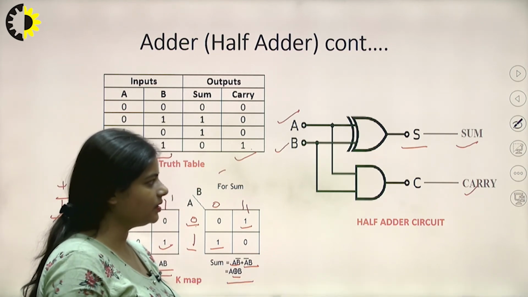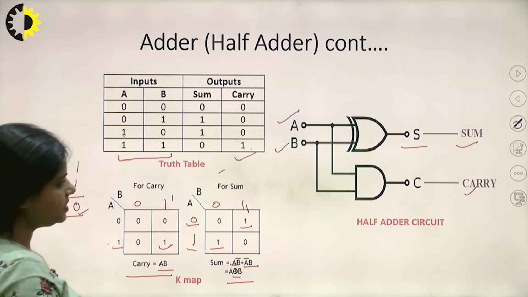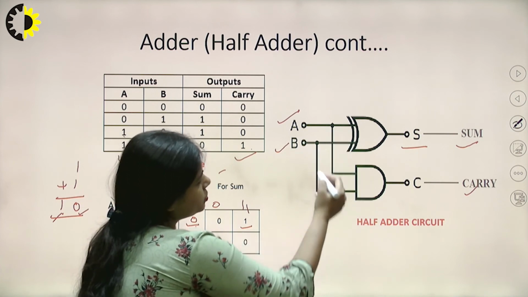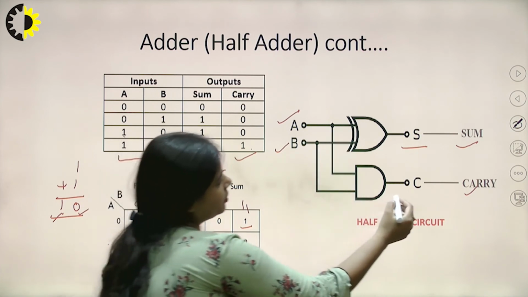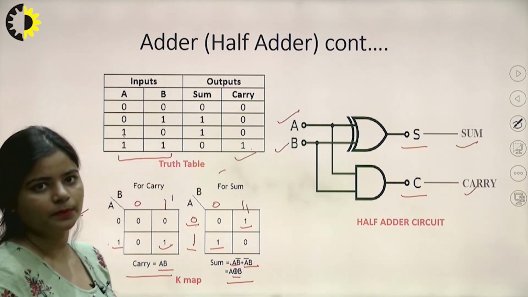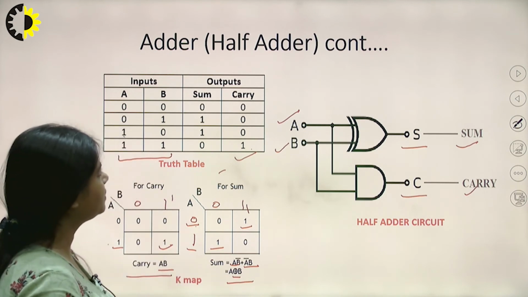Next we have carry. For carry we have only A and B, so an AND gate between those two inputs, and at the output we have C, meaning carry. So this is the complete concept of the half adder.